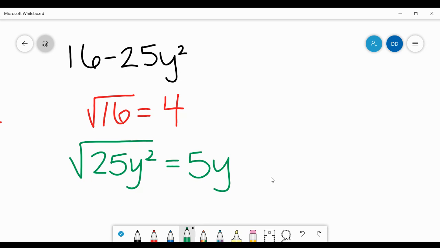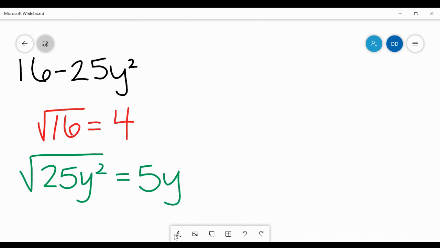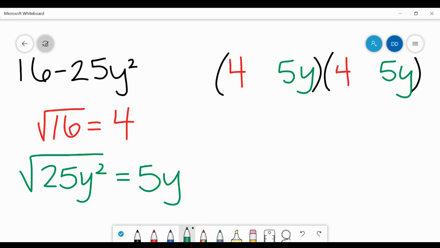Now we're going to take these two terms, move this down a little to the side, and we're going to put them in our parentheses. We have two sets. Our 4 is going to go first in both sets of parentheses, and our 5y is going to go second. And we have our plus and minus.